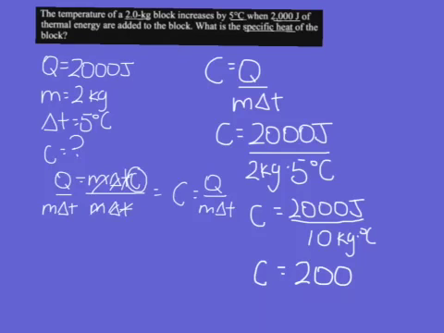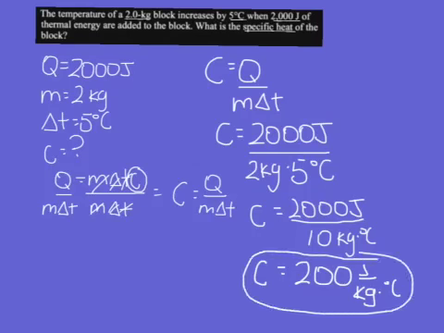And for the units, just plug them down. So it's joules over kg times degrees Celsius as our unit. And so this is our answer. So that's how you find specific heat.